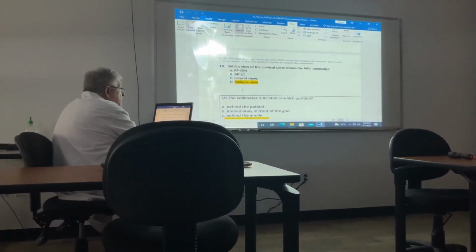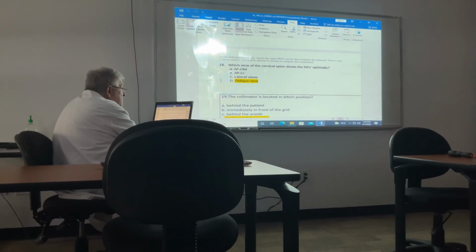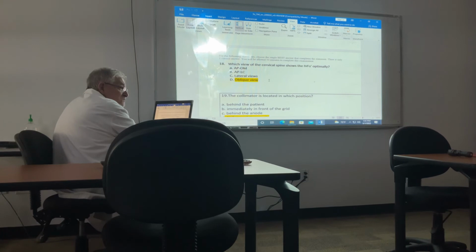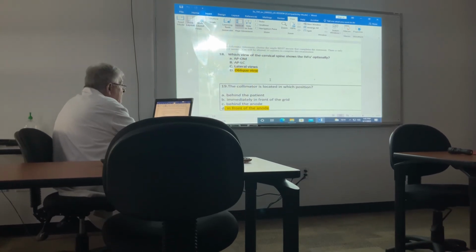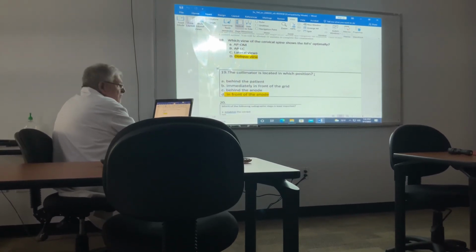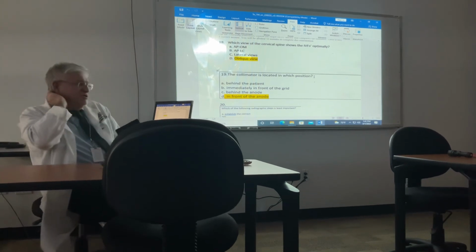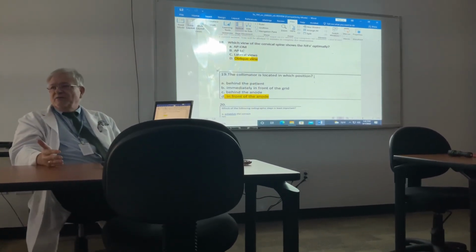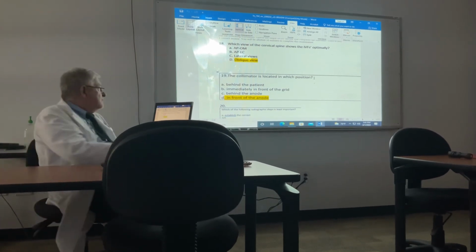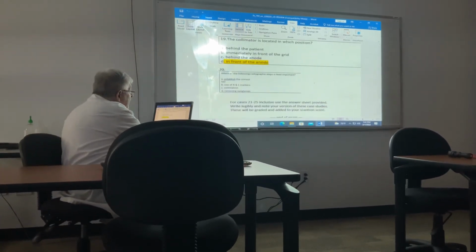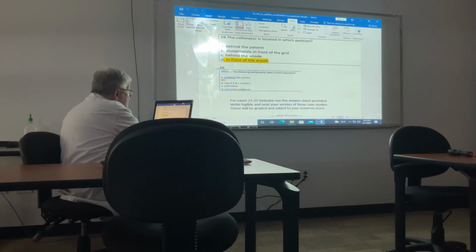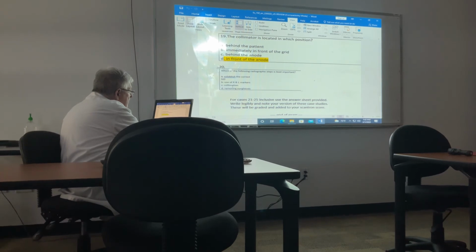IVFs, we agree that this is the best view. It is now, okay, and will be for a long time. Okay, the collimator, I started to need questions. You're touching it all the time in the lab. Do you really know where it is? You're touching it, right? Okay, and then 20, I thought this was pretty straightforward because that's a radiographic step, that's a radiographic step, that's a radiographic step.